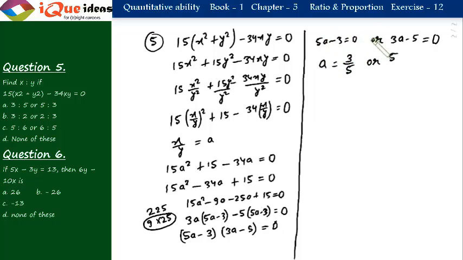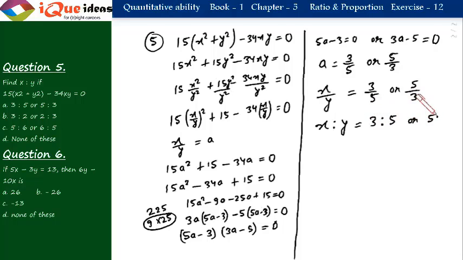Now a itself was x/y. So x/y is equal to 3/5 or 5/3. The question was asking the ratio of x is to y, right? So the answer for the x is to y ratio would be either 3 is to 5 or 5 is to 3. Okay, that's the situation.